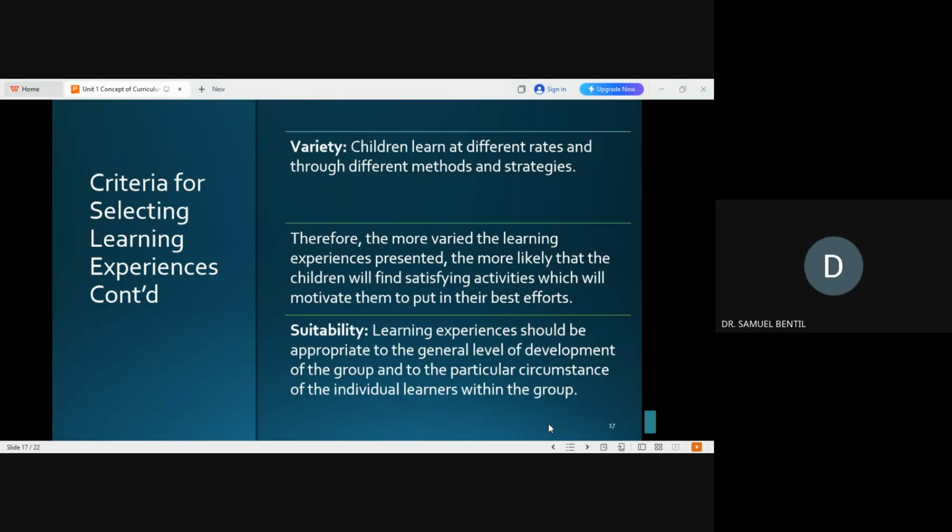Are these activities within their level of maturity to do, or are they beyond them? If you know that an activity or a task is beyond the learner, they will give up. Or is it below them, or is it within their ability to do it? So that's what suitability talks about. That is, the learning experience should be appropriate to the general level of development of the learners.